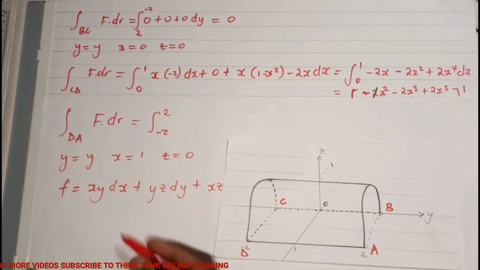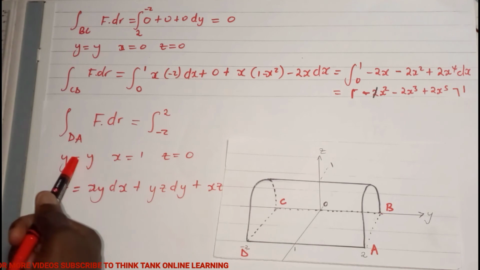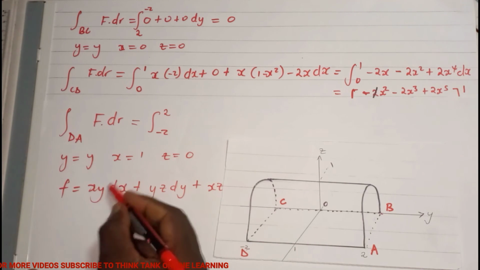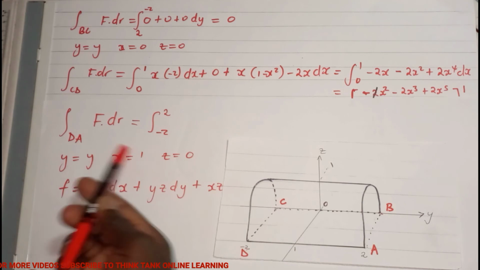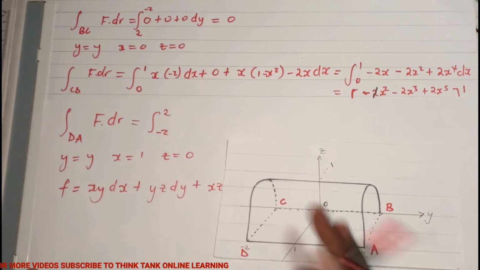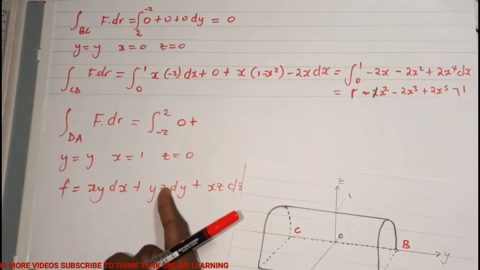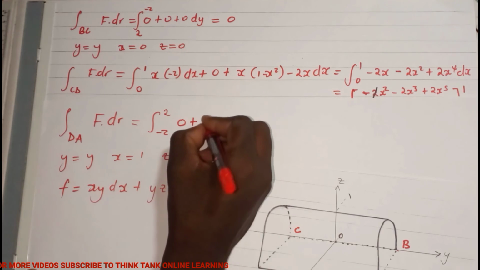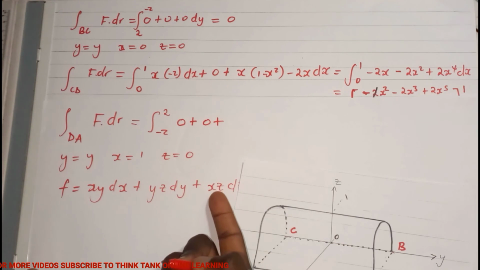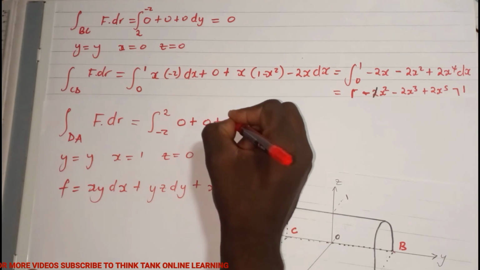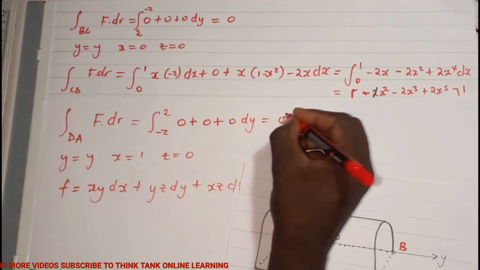We have x times y dx, which is 0, plus yz dy, and since z equals 0, we have 0, plus xz dz, z equals 0, so automatically we have 0. This is equal to 0.